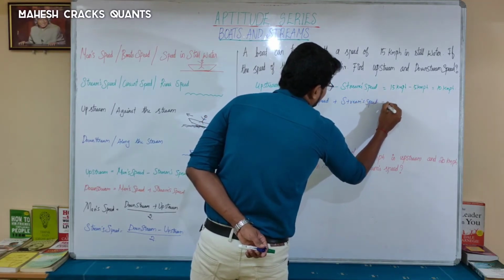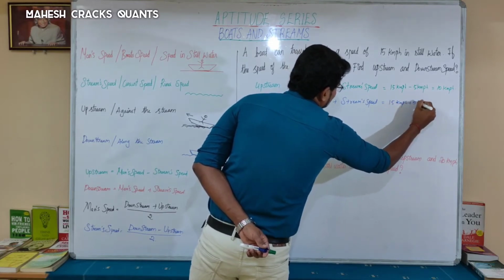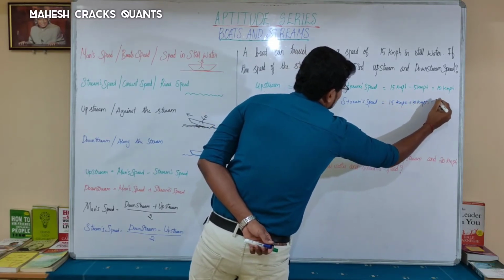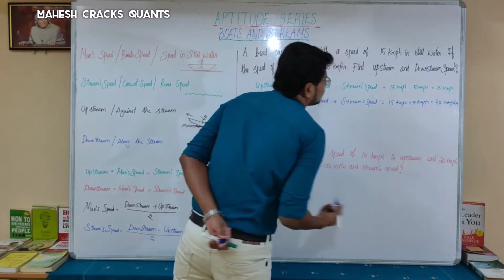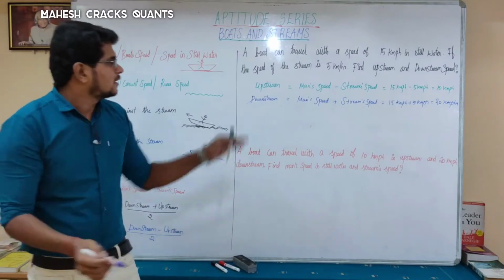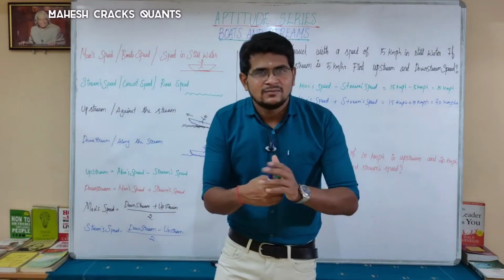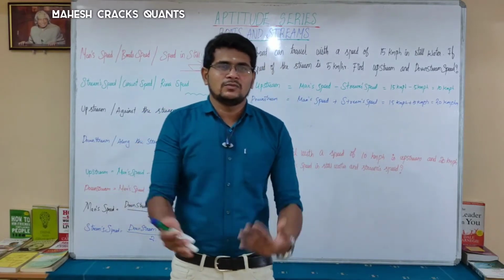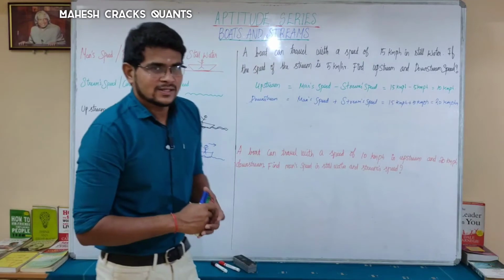Because while going down, your speed will be increased by stream speed. So total, 15 plus 5, you will get 20 km per hour. That's all the solution you have. So you have to add when you are going in the downstream. You have to subtract when you go against the stream.